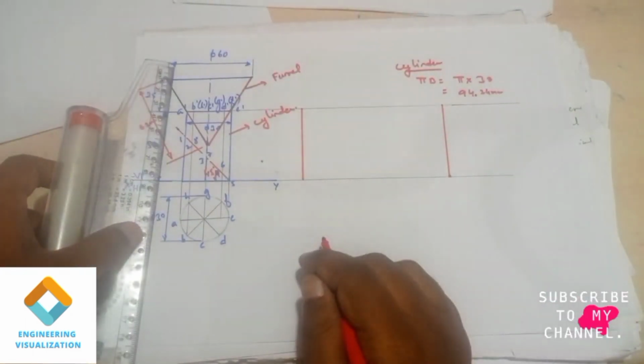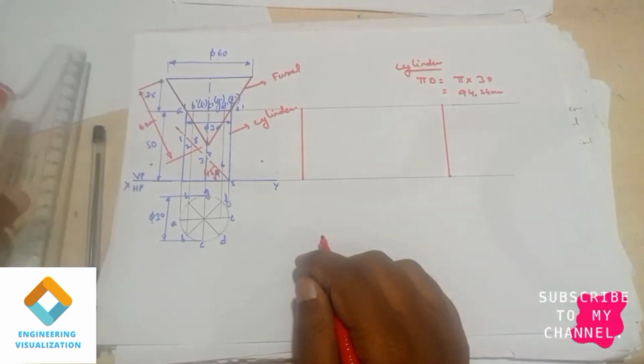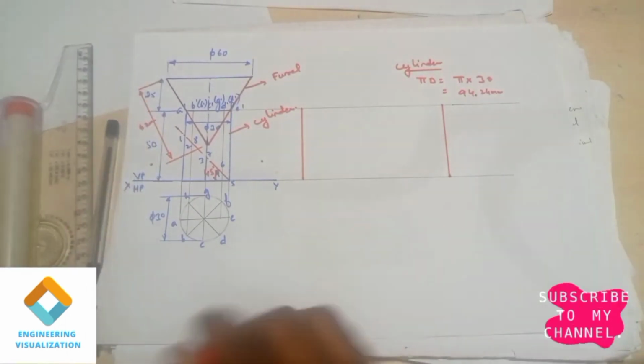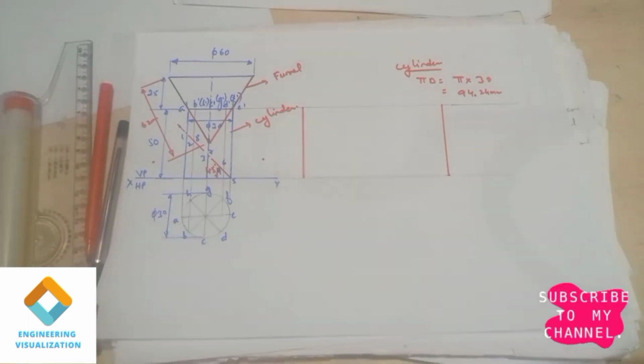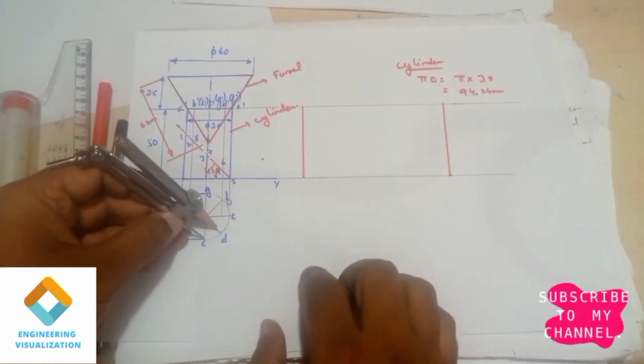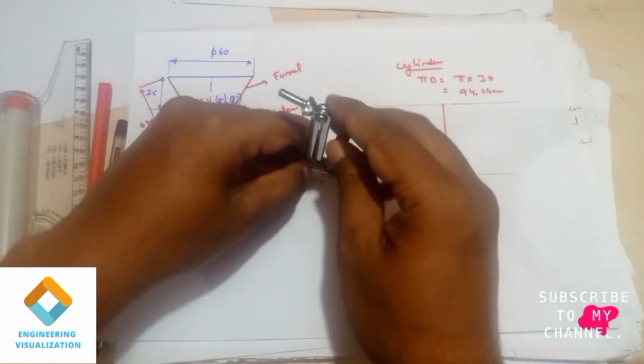Now we need to divide this 94.24 into 8 equal parts. This can be done by measuring with the compass. You can measure the length from this top view circle, measure this length and cut the arc.